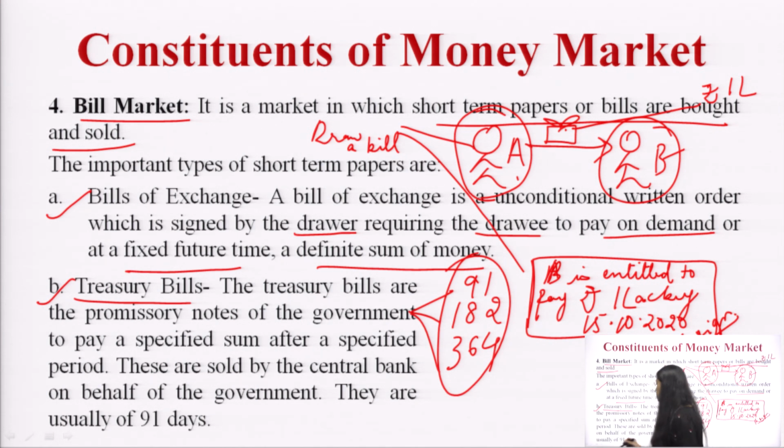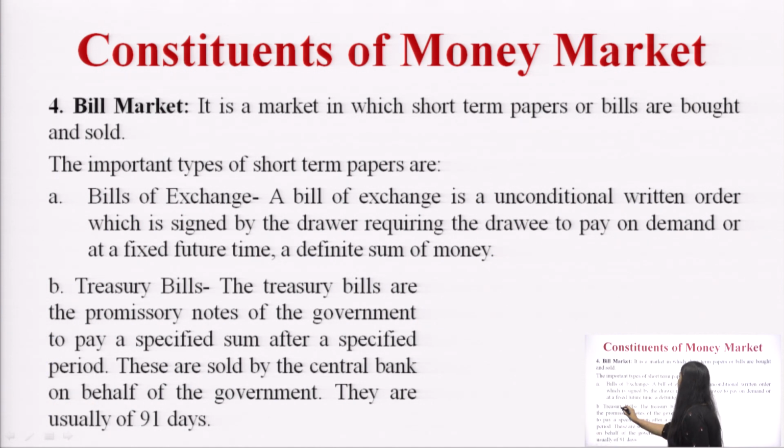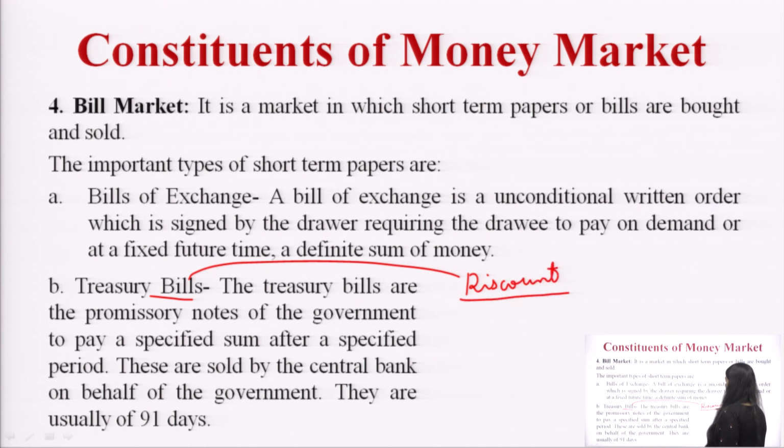Now, there is this beautiful concept about the treasury bill. Treasury bills are generally issued at a discount. Now, what is this discount? If the treasury bill is of rupees 100 and the maturity for the same is, say, 15th of November 2020.